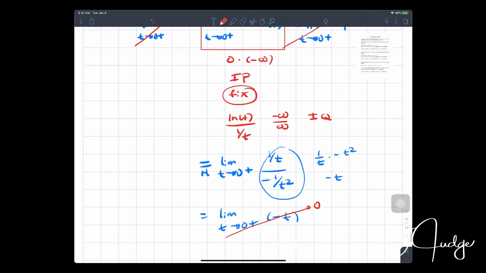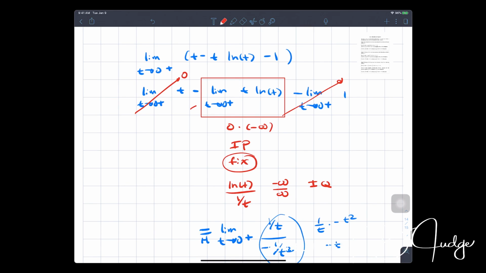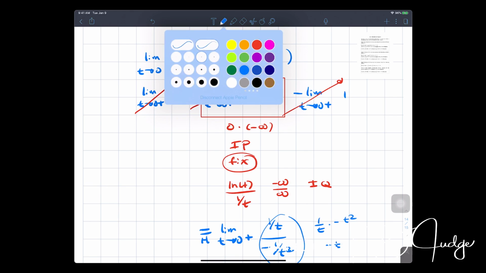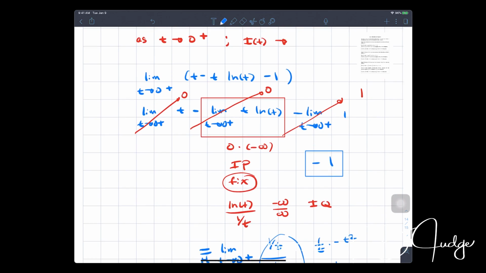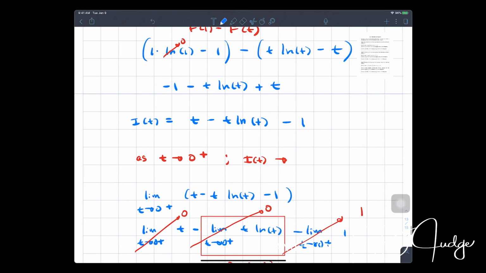All right. So let's go back and we say, we know what this limit is by L'Hôpital's Rule. And so the final answer here is going to be simply negative 1. That's the answer to the limit. And now we say, so this goes to negative 1. We found that answer.